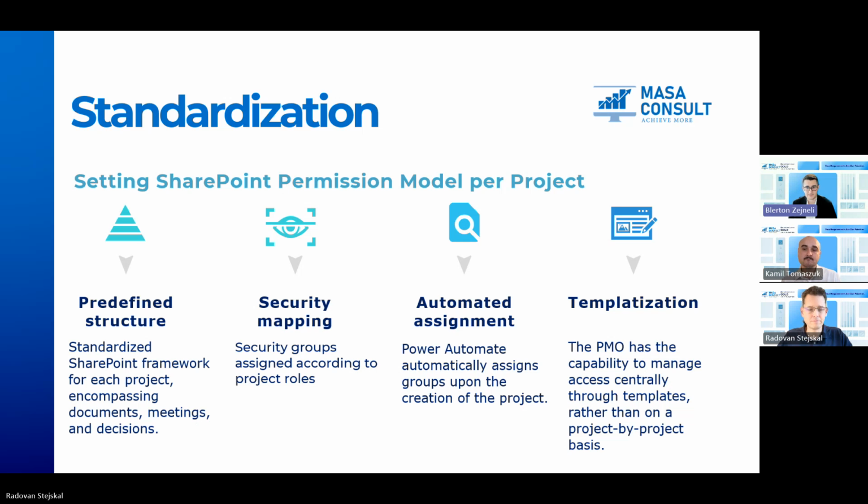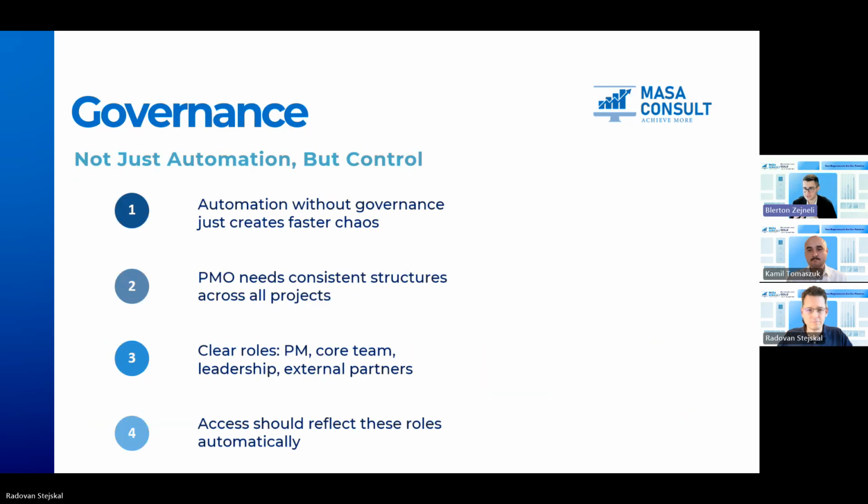And on top of that, you always need clear roles. This is a discussion I have with many of our clients. There always needs to be a difference between what the project managers can do, what the core team can do and see, what the leadership stakeholders can see, and sometimes even collaborating with external partners. So they should not all have the same level of access, and with this governance structure, they will not.